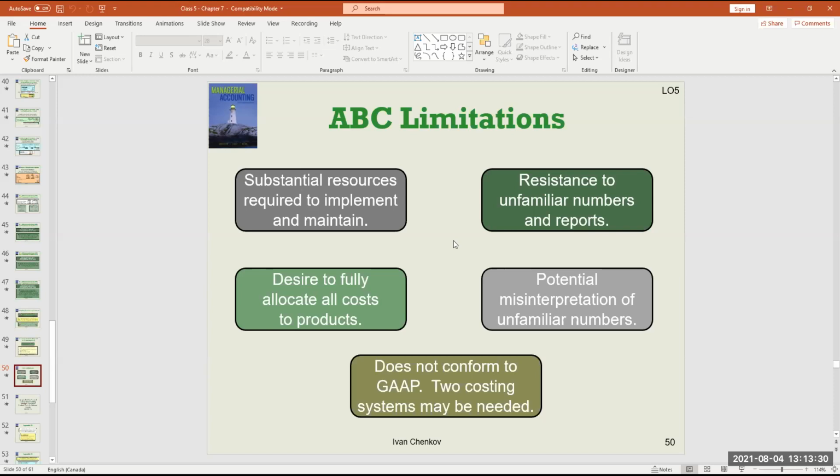So only the companies which can actually see the benefits are the ones who are going to use this system. Because again, for everything in life, you have to understand, you have the costs and you have the benefits. As long as the benefits are more than the cost, go for it.